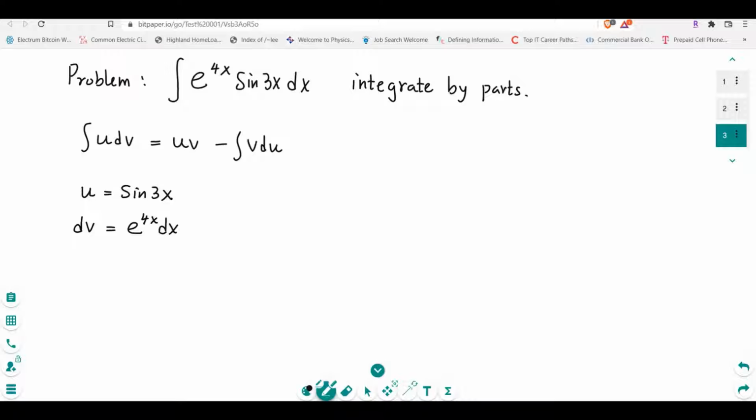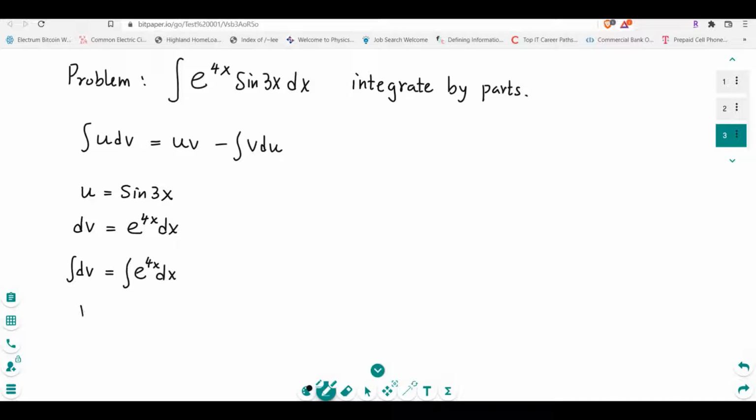So you can see on the right hand side, I need to have u times v. So from dv equals e to the power 4x dx, I should be able to get v. So I'm going to integrate dv, and on the right hand side, that means integrate the function with respect to dx.